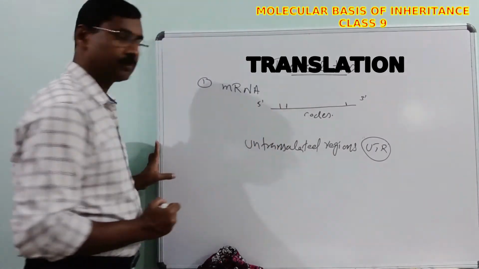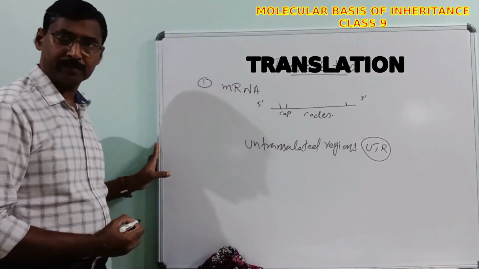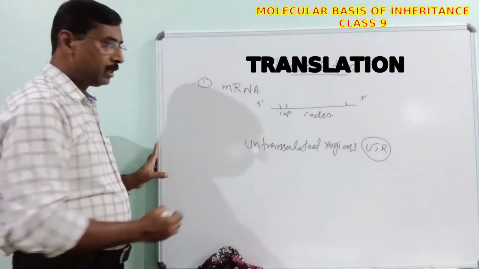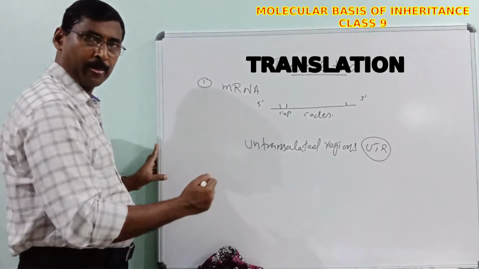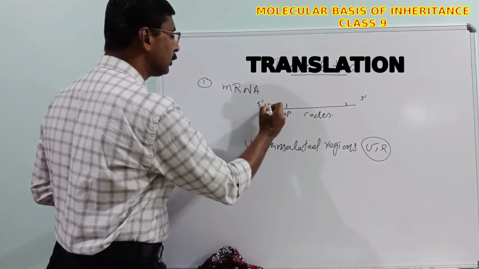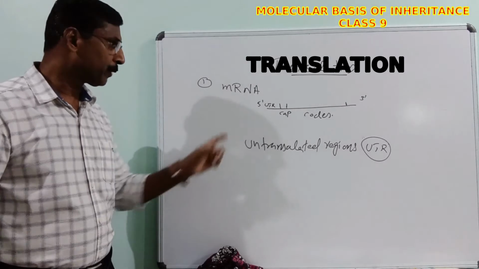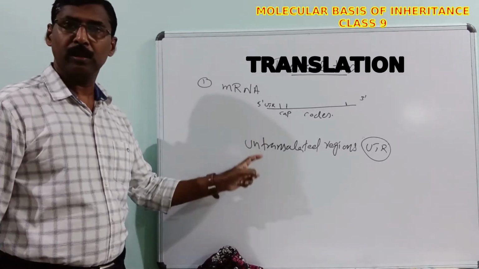And beyond this cap, there are certain untranslated regions. This is called 5' UTR. This is not translated into protein.